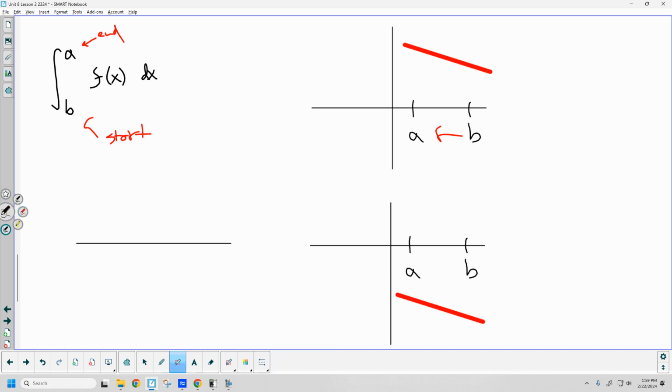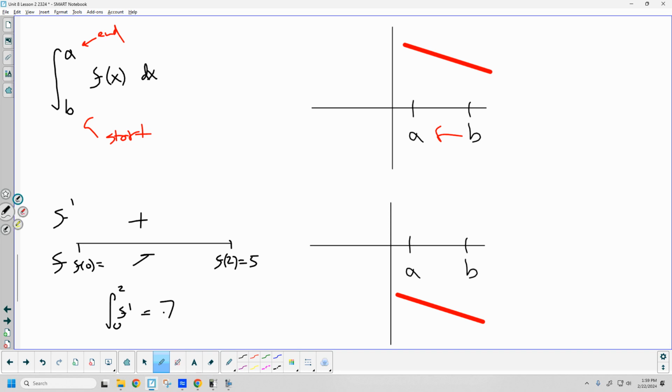Many of you could have told me that it probably is going to be the opposite. But let's just get one example that you're familiar with. Let's say f prime is positive, it's a velocity. Let's say I know f of 2 is 5. Let's say I ask you to find f of 0, and you know that the accumulation of f prime from 0 to 2 was 7.